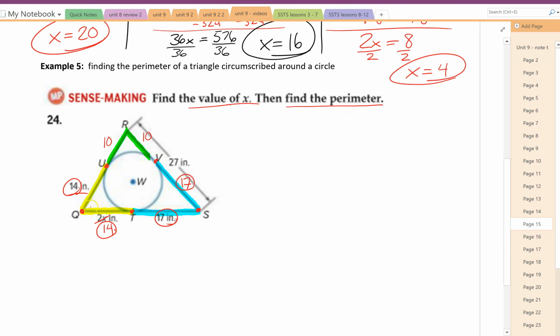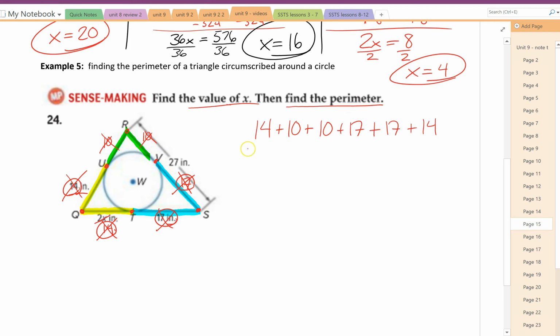So if I want to find the perimeter of triangle QRS, I'm just going to add all of those up. I'm going to cross them off as I add them to my list. So I have a 14 plus 10 plus 10 plus 17 plus 17 plus 14.